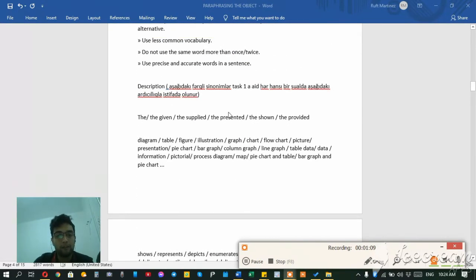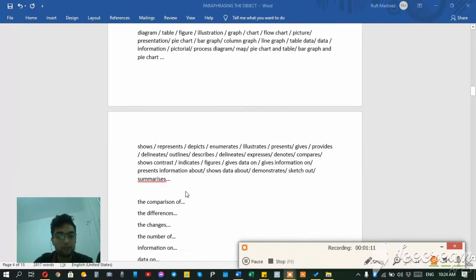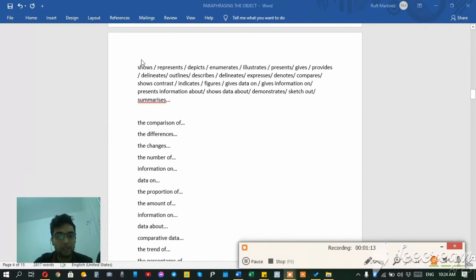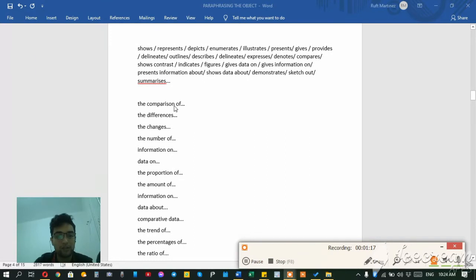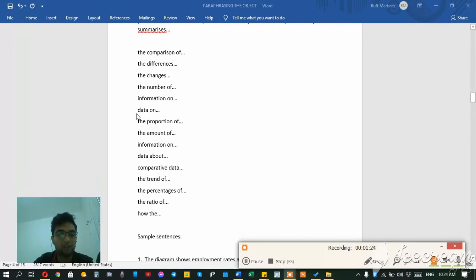So this is the subject, verb, and the object. For example, the diagram shows the comparison of something, the differences between, the change, number of, information on, data on, proportion of. These things will be shown in the question card.